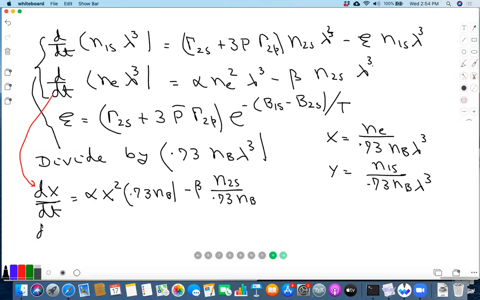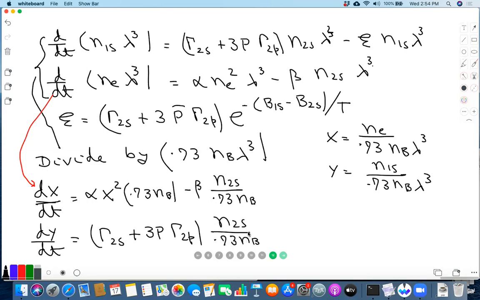And dy/dt is gamma 2s plus 3p gamma 2p. Okay.